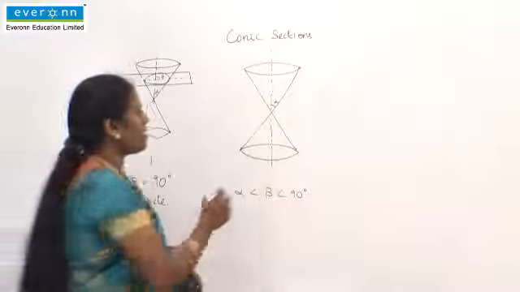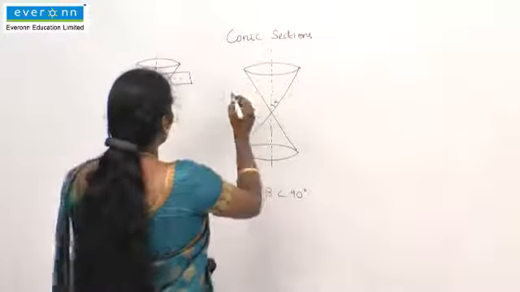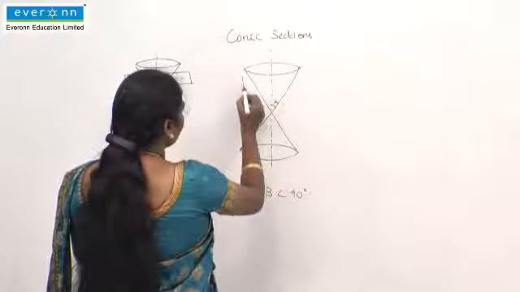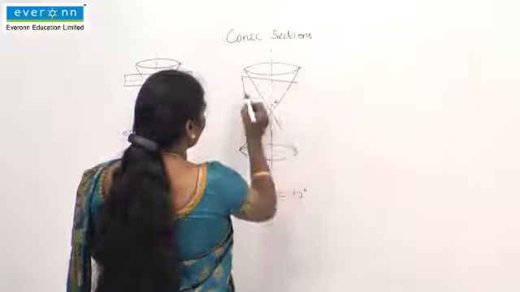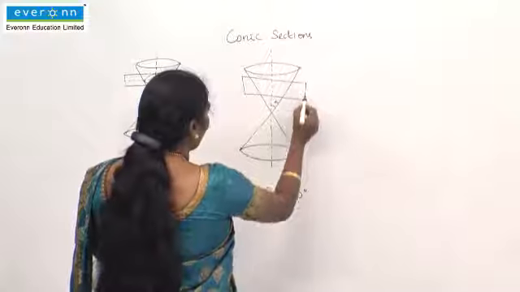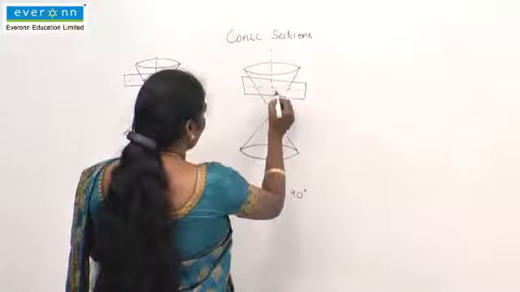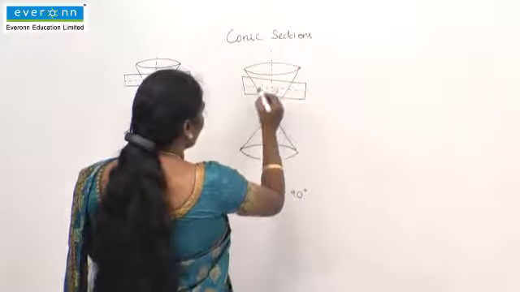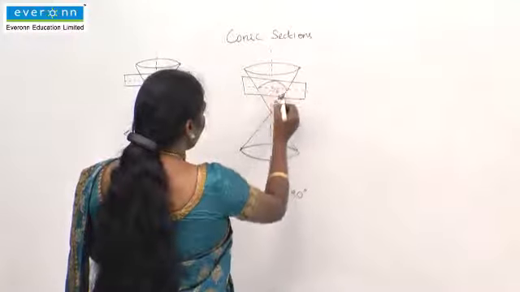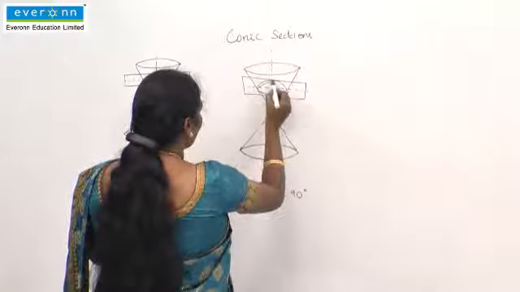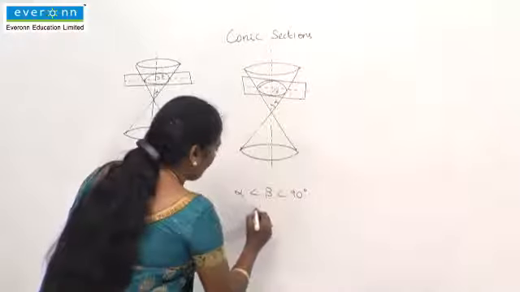So, in this case let us see what is the conic that we obtain. Here we have beta. So, in this case we get an ellipse.